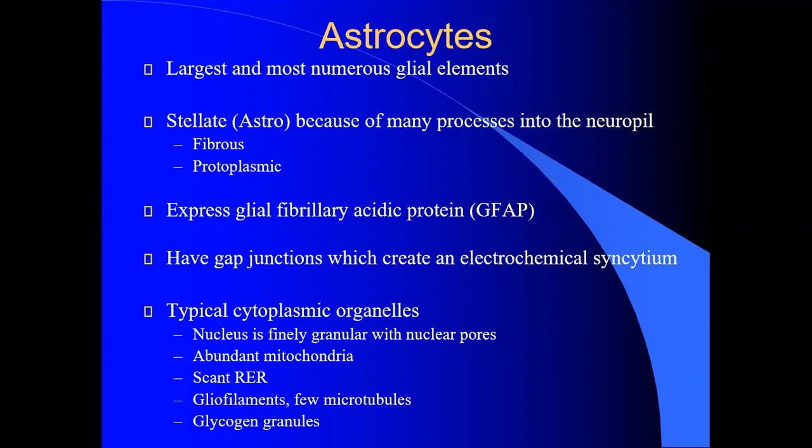Another way to identify astrocytes, however, is that astrocytes have gap junctions, and with those gap junctions, they form an electrochemical syncytium, a real syncytium, so that they communicate with one another, can influence both the resting membrane potential and also the calcium concentration of the cytoplasm. And they share that, and it's a syncytium.